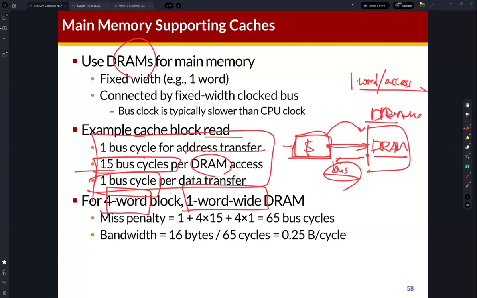Firstly, the address needs to be given to the DRAM, so it will take 1 cycle, right?